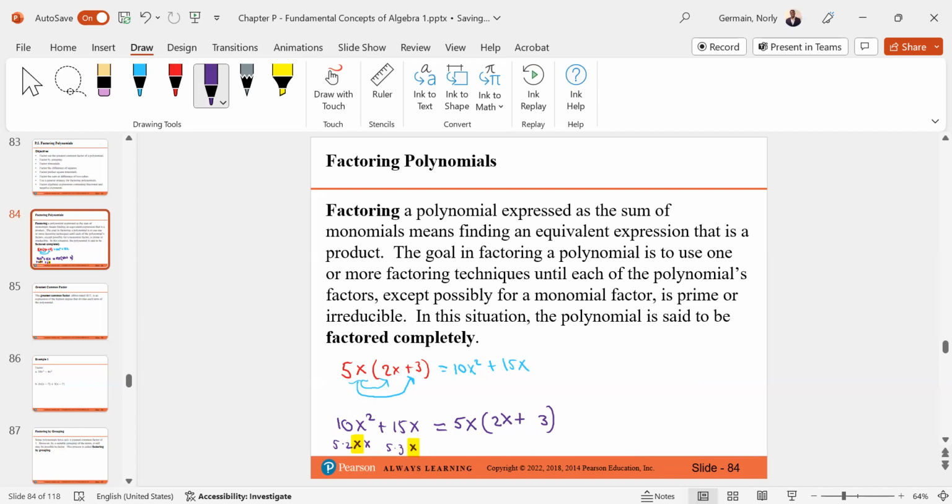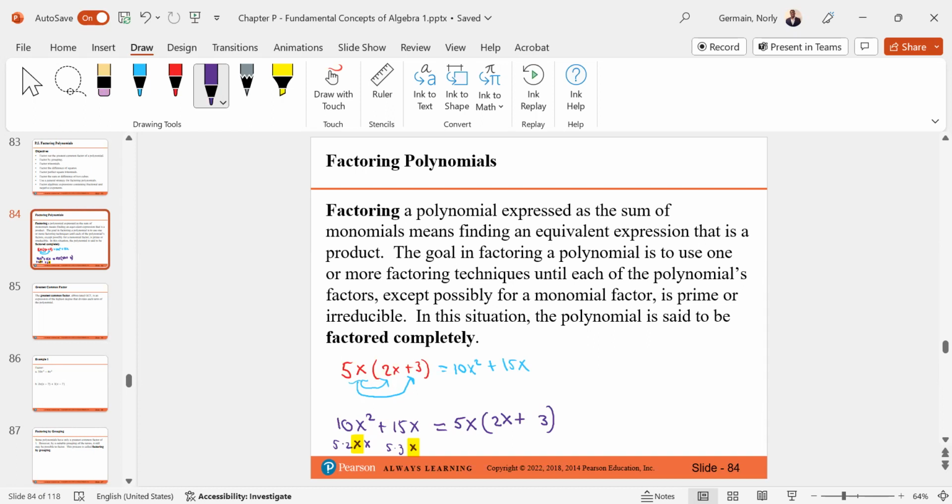The goal in factoring a polynomial is to use one or more factoring techniques until each of the polynomial factors, except possibly for a monomial factor, is prime or irreducible. A polynomial that cannot be factored using integer coefficients is called irreducible over the integers, or prime.